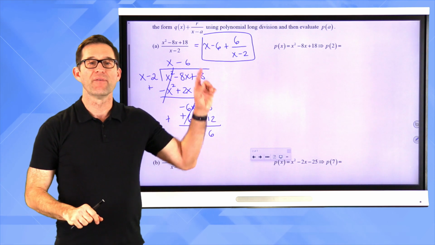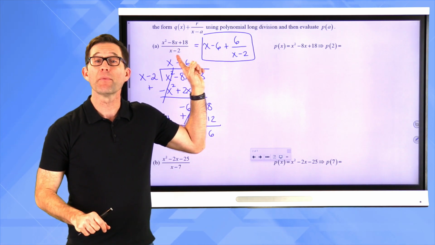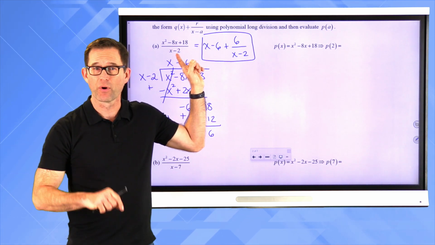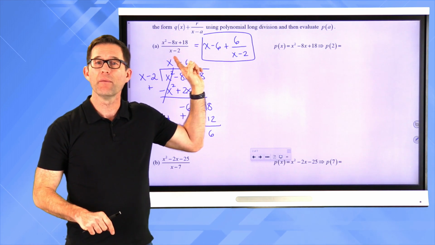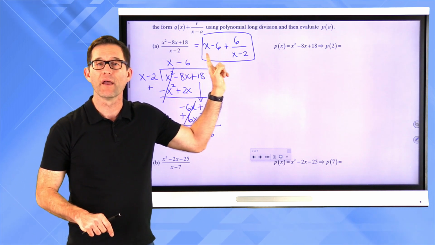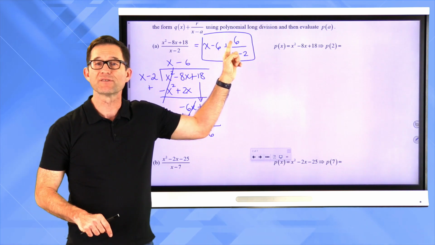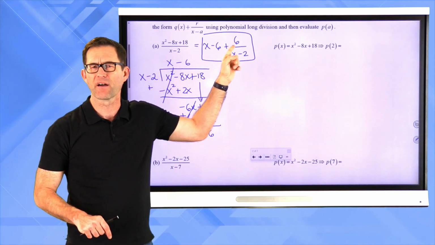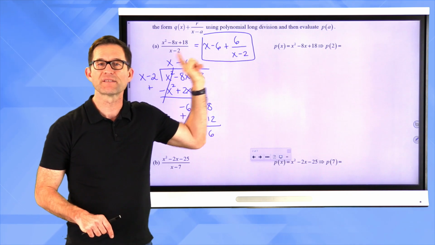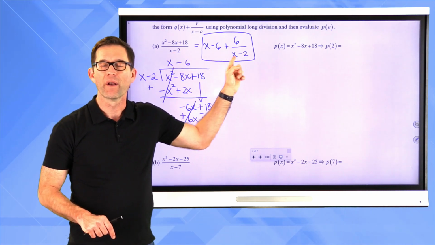In other words, when I divide a polynomial of a higher degree by a polynomial of a lower degree, that's important, I get another polynomial plus some constant, or it could be minus if that constant's negative, divided by whatever I was dividing by.